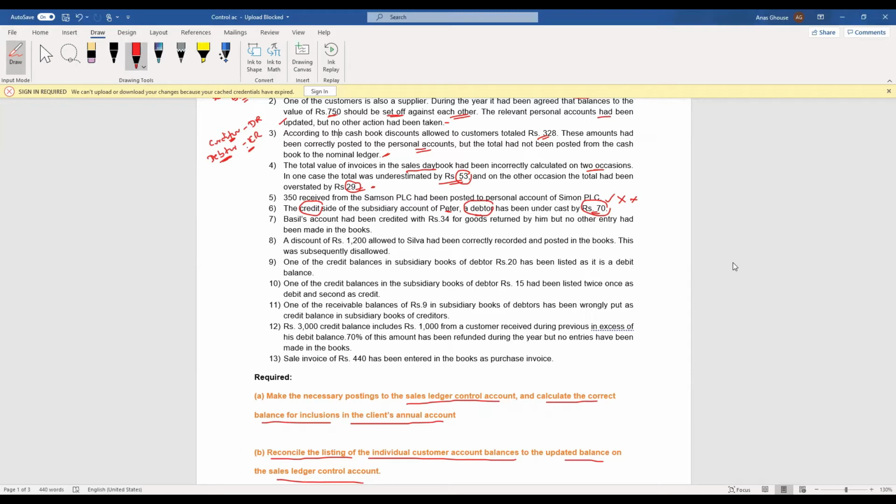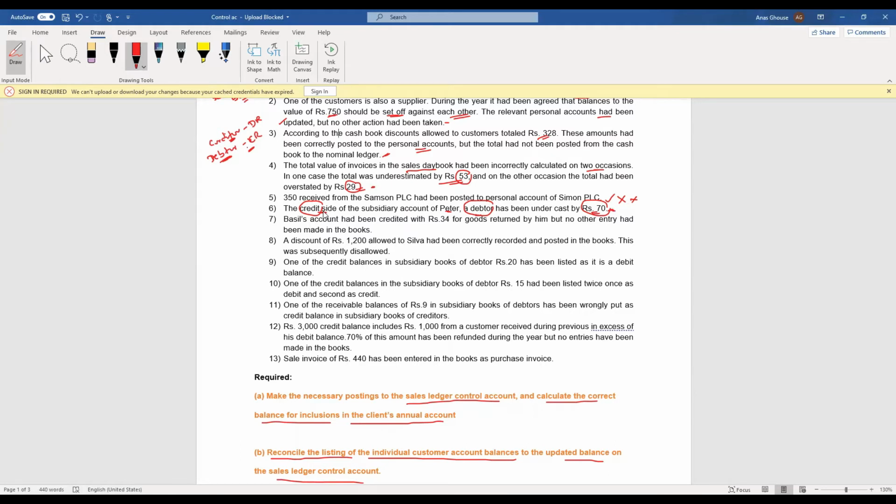This means when taking the total of the customer balance of Peter, it was undercast by 70. So the credit balance is less because he had a credit balance. When you take the balance, it was undercast. So therefore, the credit balance is less. To increase the credit balance, you need to credit 70.